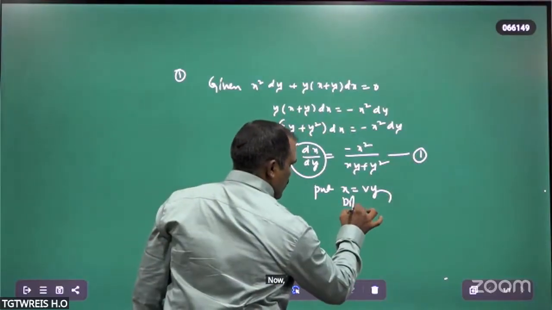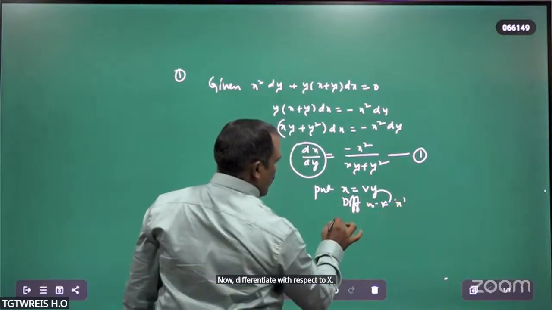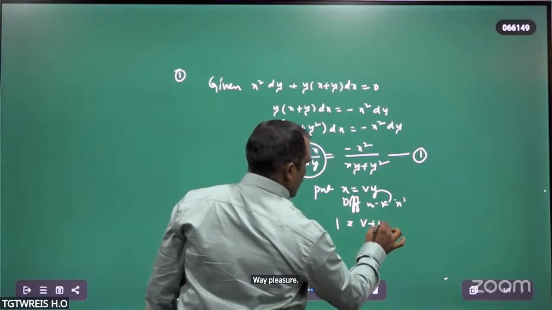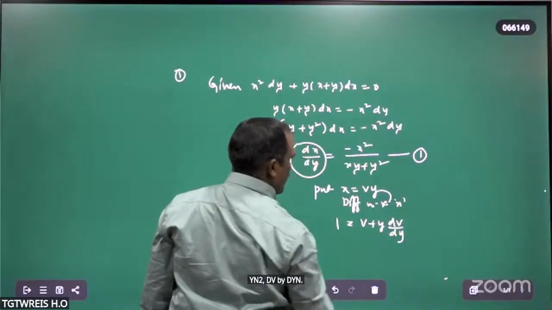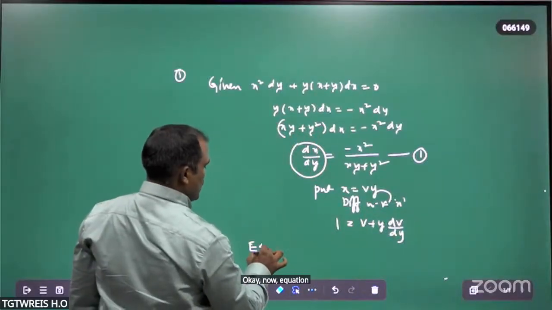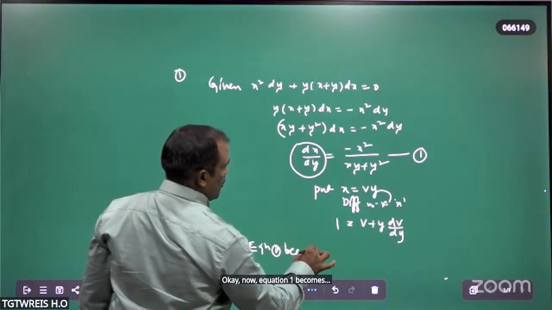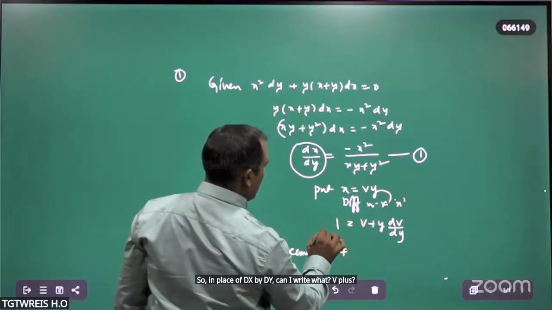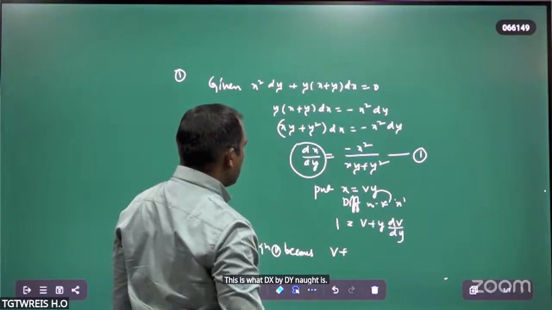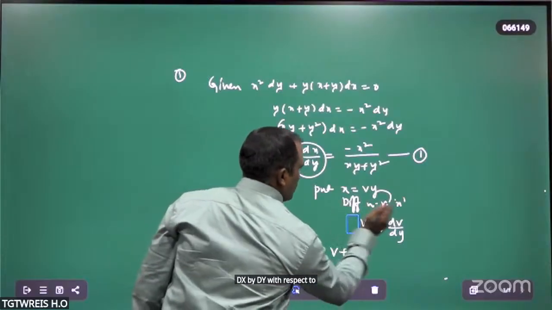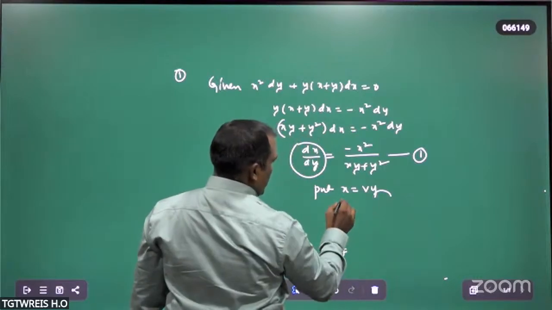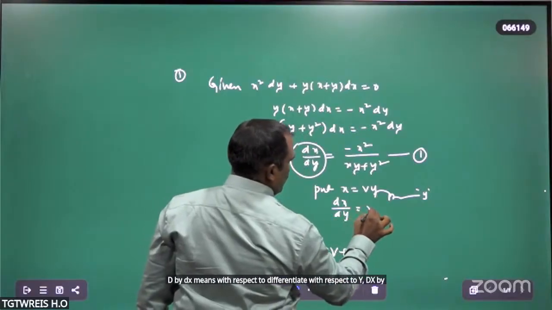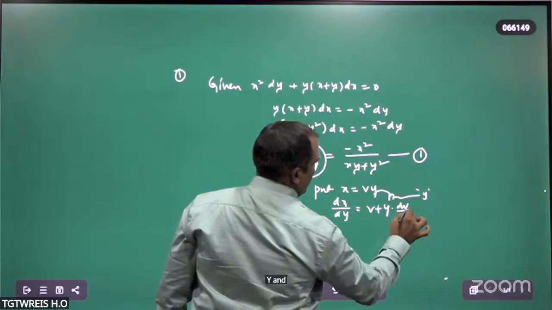Now differentiate with respect to y. In place of dx by dy, I can write v plus y into dv by dy. Dx by dy equals v plus y into dv by dy.